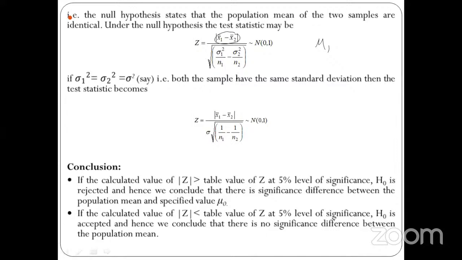So here you have to remember only one definition, this definition. From this definition, you can derive all other definitions. Okay. Here, since it is a two sample test, we have 2, 1. It is x1 bar minus x2 bar. Okay.